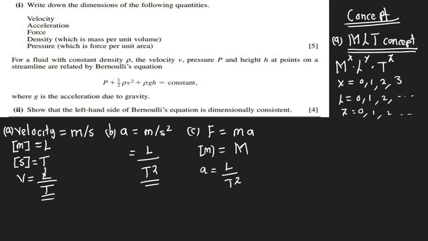Very important concept. So if we are to write this in the MLT concept, because we know that this is just L over t power 2, in the MLT concept this is going to be M, then L, then t, where this is going to be negative 2.